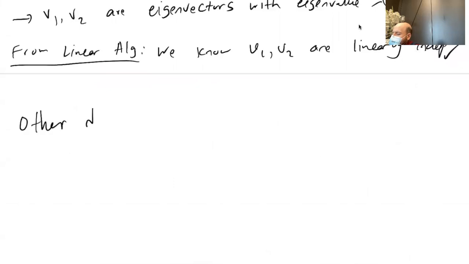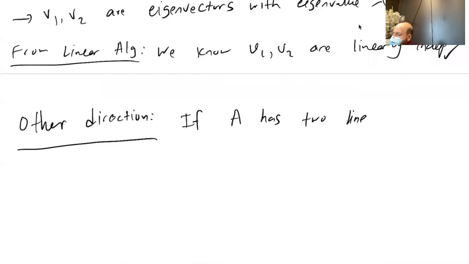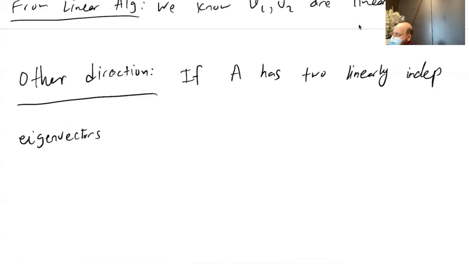Because remember, I'm trying to prove an if and only if statement, so I have to prove two things. Other direction: if A has two linearly independent eigenvectors, let's say C1 and C2 with eigenvalue lambda.